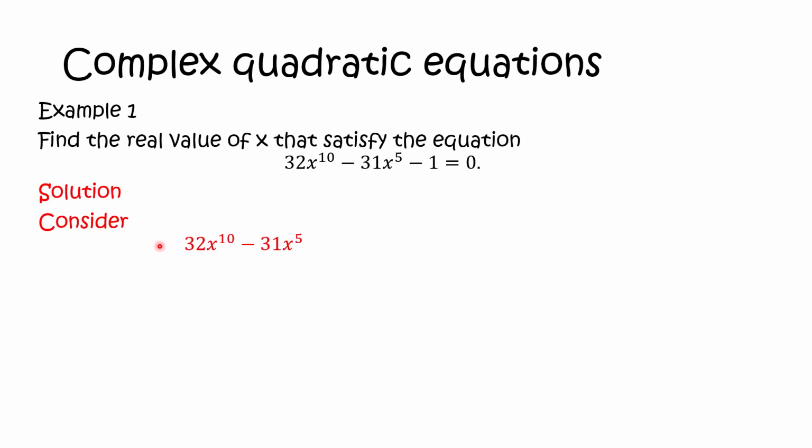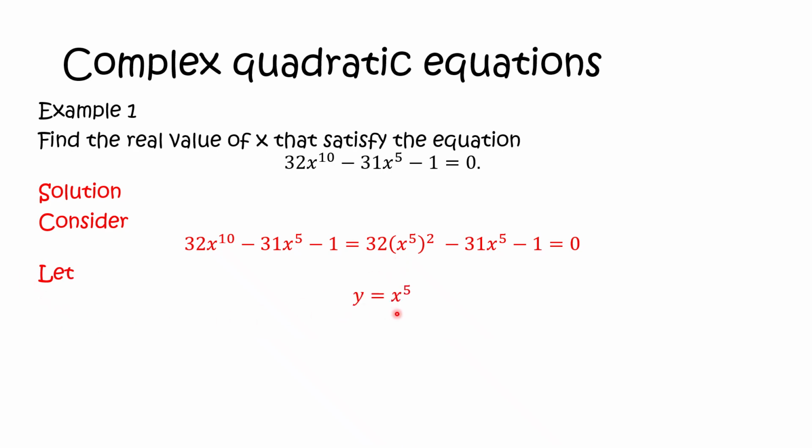Consider 32x to the power 10 minus 31x to the power 5 minus 1 being equal to 32 times x to the power 5 squared minus 31x to the power 5 minus 1 being equal to 0. This comes from the properties of indices, where we have x to the power a all raised to the power 2, then it means that we're going to have x to the power 2a.